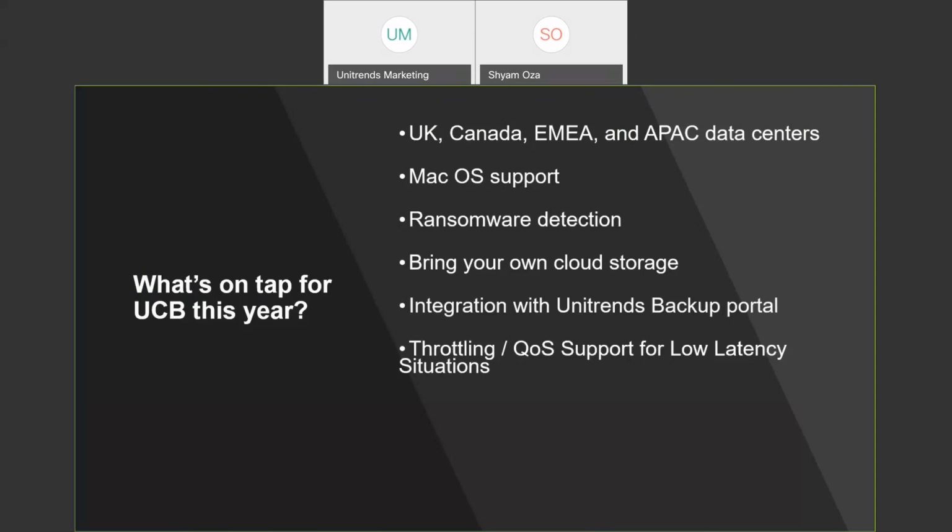We're also looking at further improving things like throttling or quality of service for low latency scenarios. We're also going to be introducing more aggressive SLAs. Today, we have a daily granular backup SLA, and we'll be introducing 4-hour, 8-hour, and 12-hour options this year.